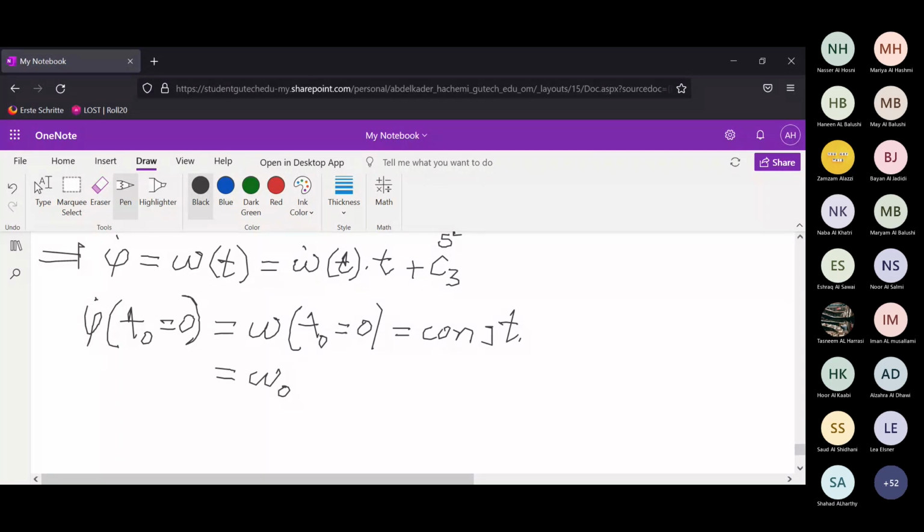Then it means here C3 is equal to omega 0.